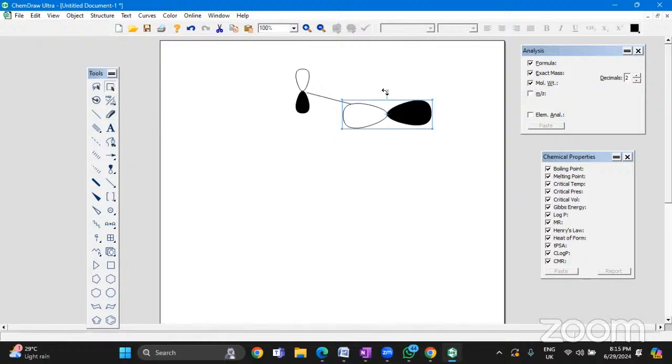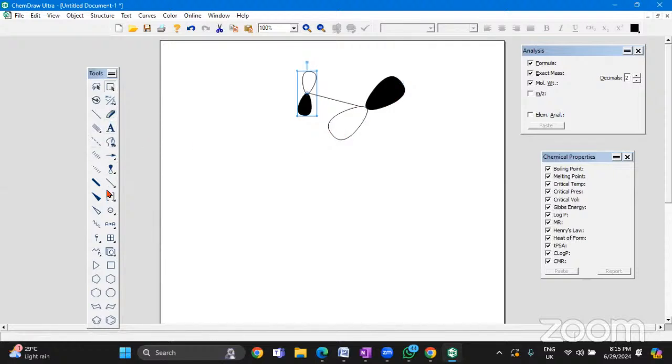The 3D model is not working. Okay, look at it. These two are perpendicular to each other. Once you rotate the CC bond, this one is in the fixed position. This is the actual 90 degrees. Once you rotate it, it will be 0 degrees.